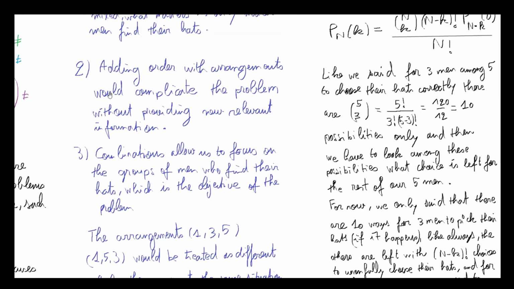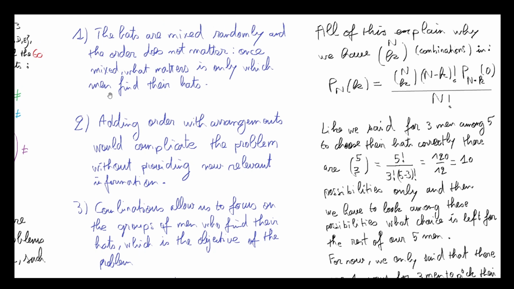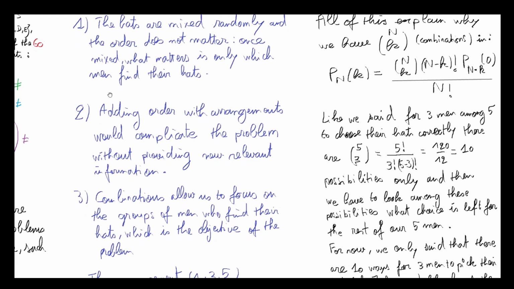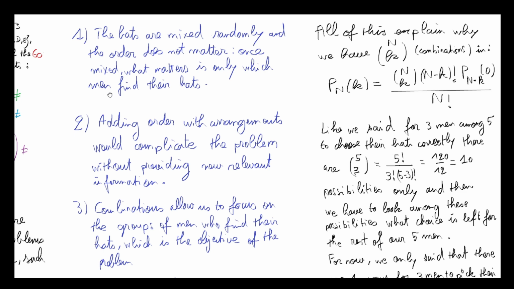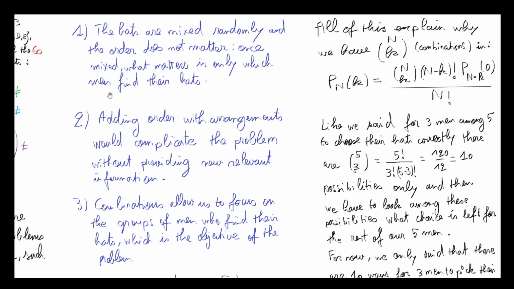All of this explains why we have k choose n combinations in our formula P_n(k) equals k choose n times factorial of n minus k times P_{n-k}(0) over factorial of n.